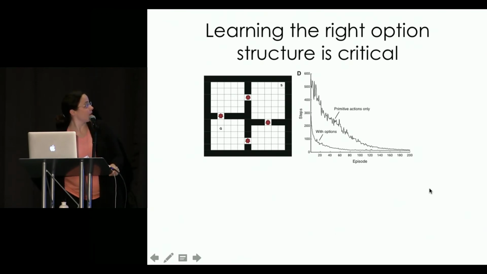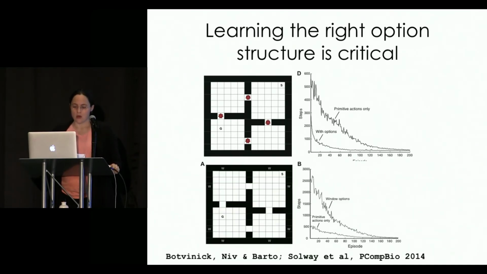But if you pick the wrong options, so if you pick options that are not adequate to either your environment or your goal, then that's going to work much less well. So this is an example where the options have goals at the windows here instead of at the doors. So the windows here are not going to help you move from one room to the next, and when you simulate the agent with those options plus actions, it performs much less well than with actions.